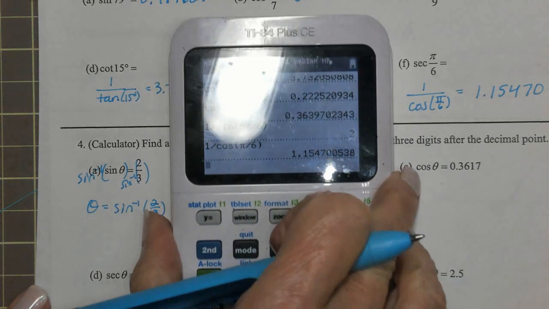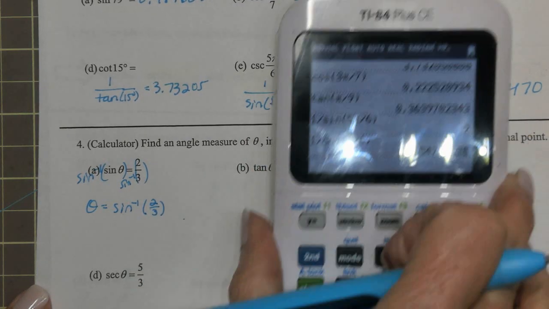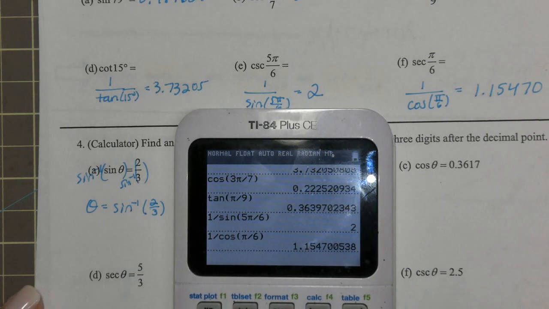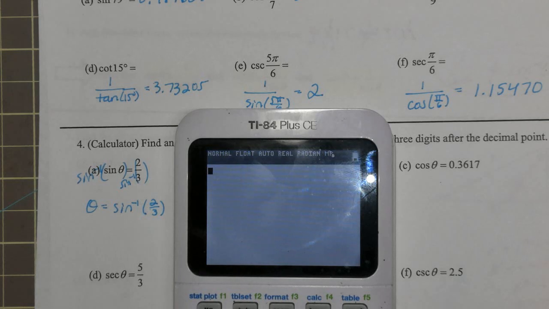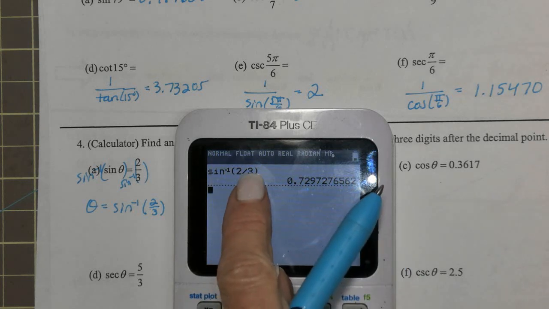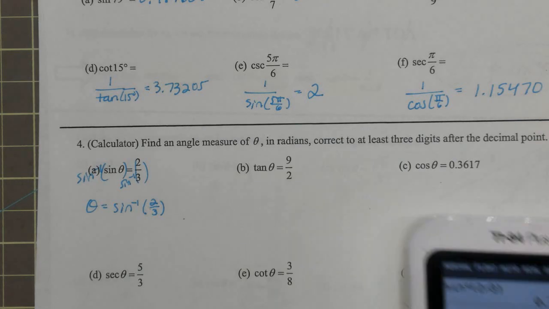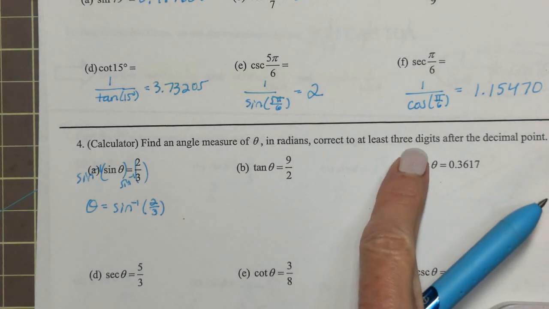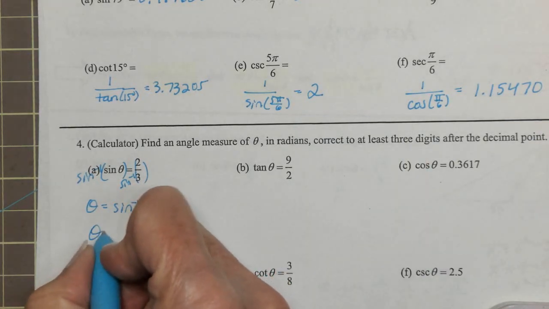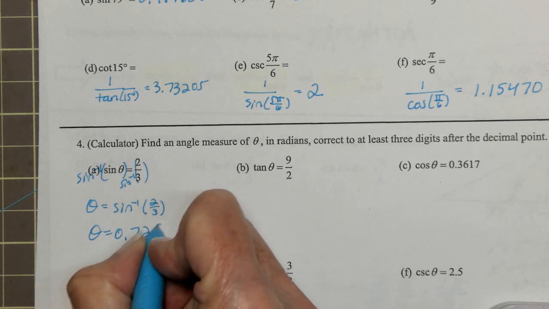This is where we get that inverse button: second, sine, 2/3. Again, the calculator does not make us put that last parentheses in. This time we have to give at least 3 digits. So theta is 0.729.